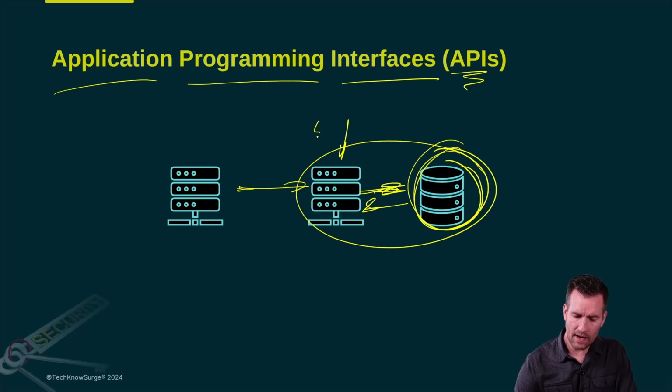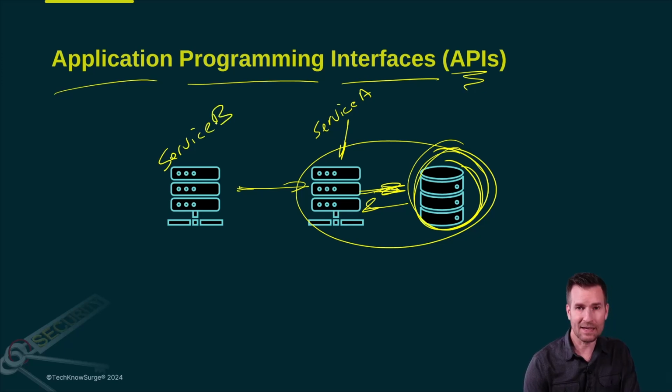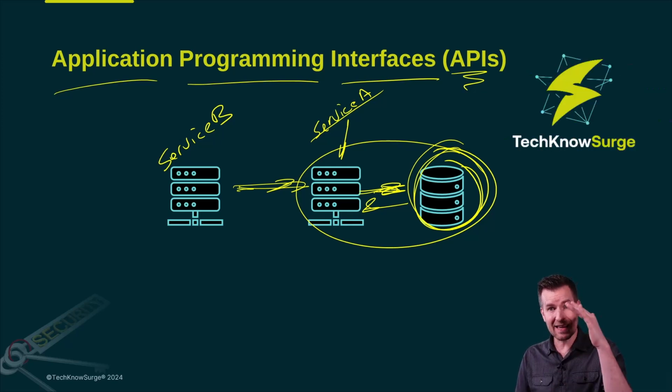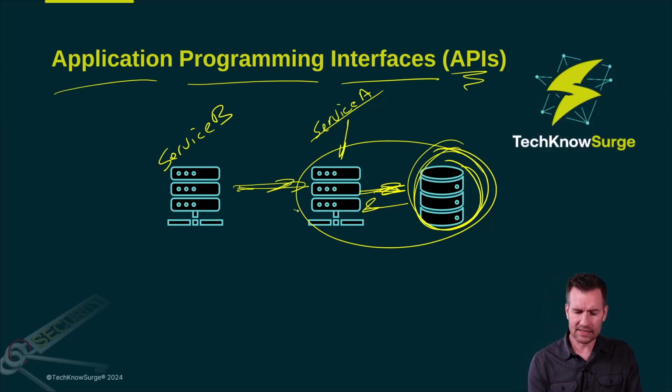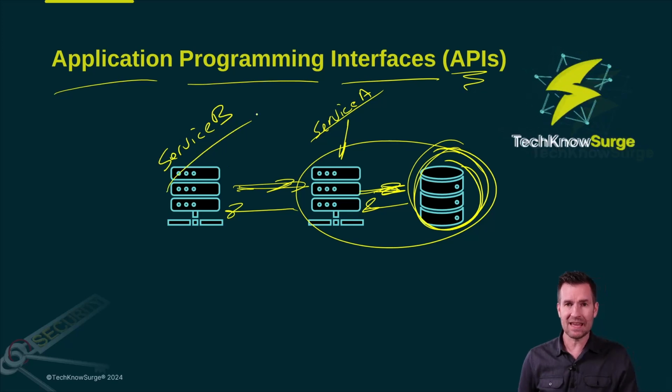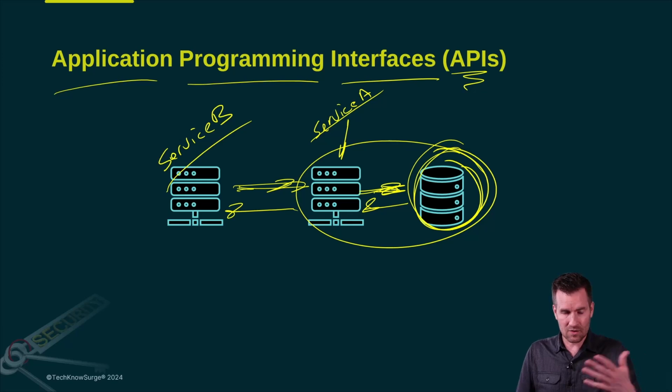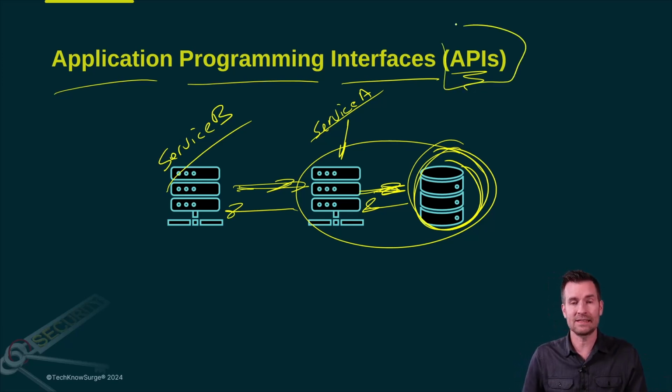So maybe this is running service A, let's say, and we have service B over here. Service B will create an API call that will call service A. It's a certain format, and the reason why service A can read it is because it's in that format. And service A then responds to service B and says, all right, here's the information you requested, or here's what you have because of the request that you made.